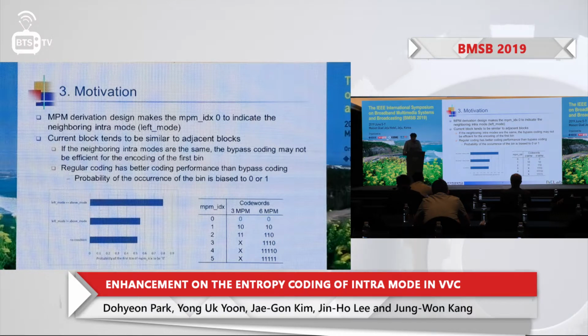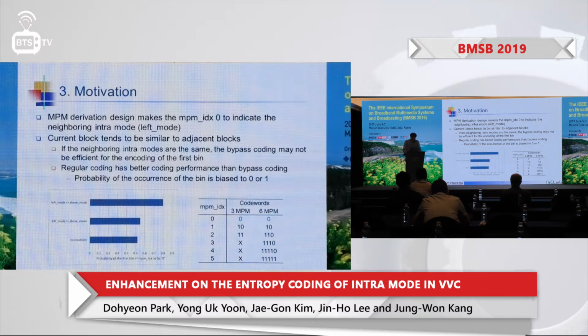The selection of MPM index 0 has half probability, which is shown in the graph below on the no condition.